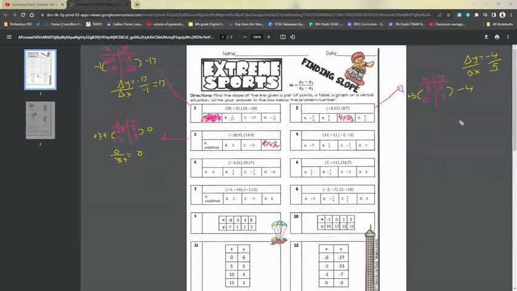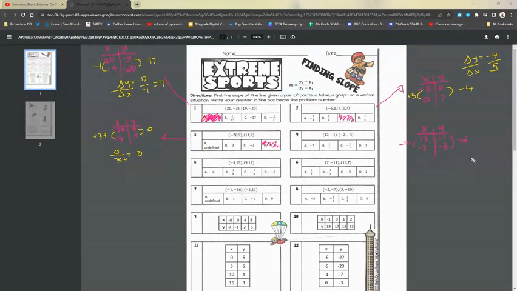All right, and then we have 4, x, y, 12, -1, -2, -3. Here, it's going to be -2. And then here, it's going to be -14.